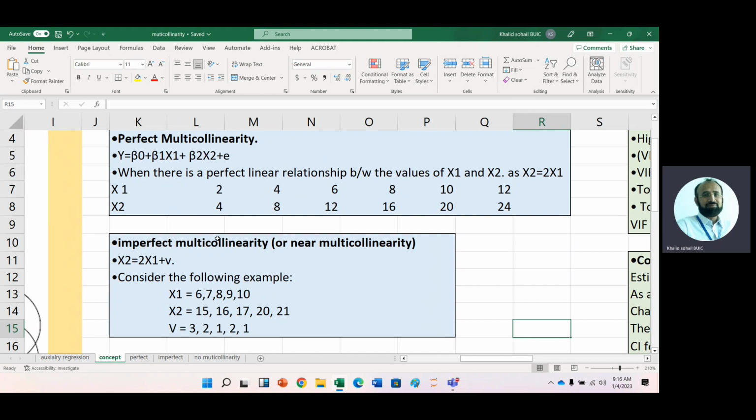In that case, you will not get any output while running it in different software like EViews, SPSS, and so on.